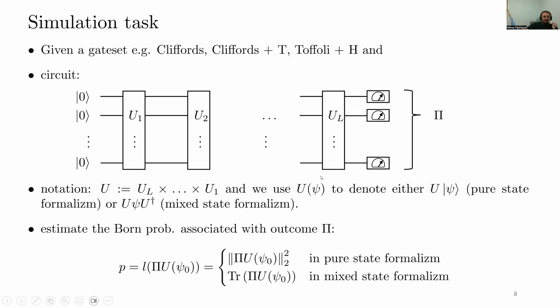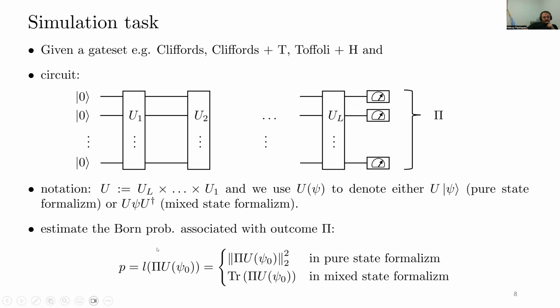And for that reason, I'm going to use this weird notation where I say U acting on psi, and this will denote U multiplying a ket psi if we're in the pure state formalism, but in the mixed state formalism, it'll denote our density state psi being conjugated by U.